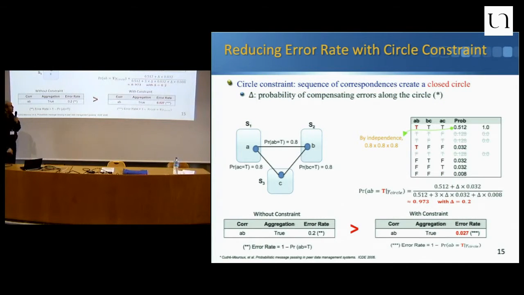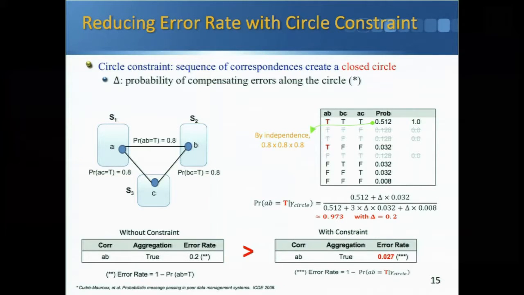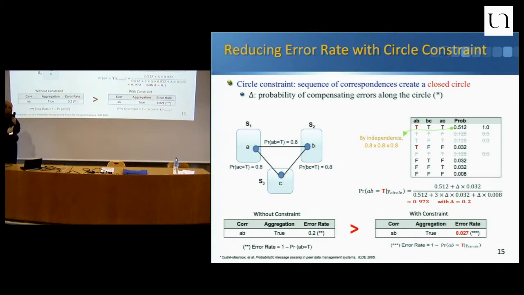In a similar way, we analyzed the circle constraint and how we can exploit it to reduce the error probabilities. If we look at these three correspondences, then some of the combinations are not possible.